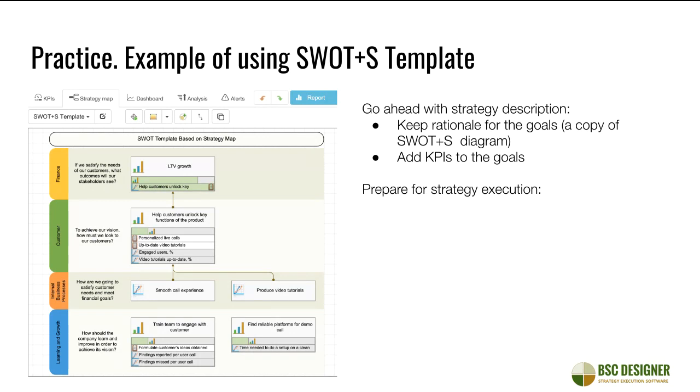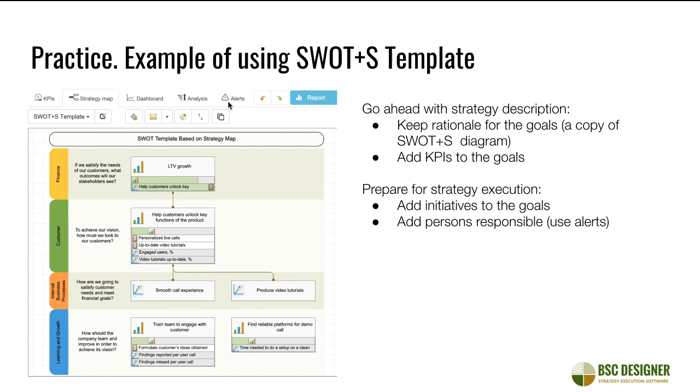And what are we going to do then? Well, we'll do what is called strategy execution. So we will add more action plans like we did. We added two initiatives, personalized live calls and up-to-date video tutorials. We'll add more initiatives like this. We'll assign some persons responsible for some goals, for some indicators.